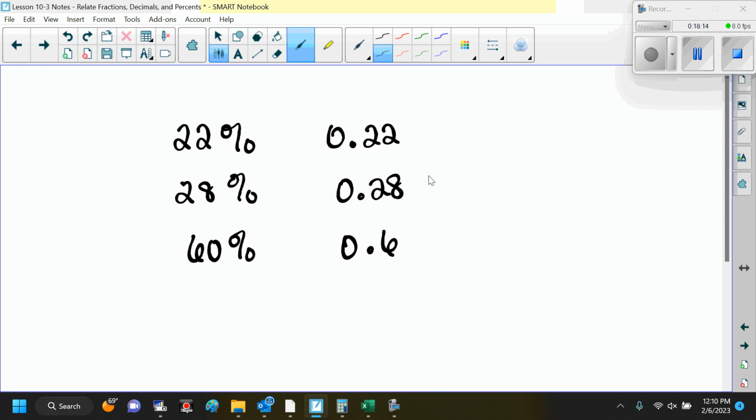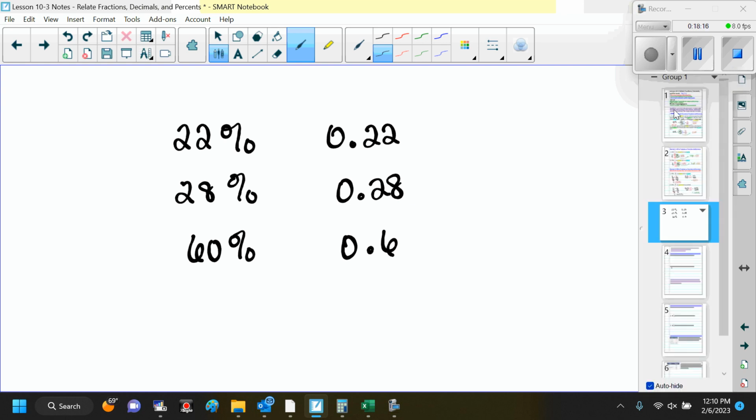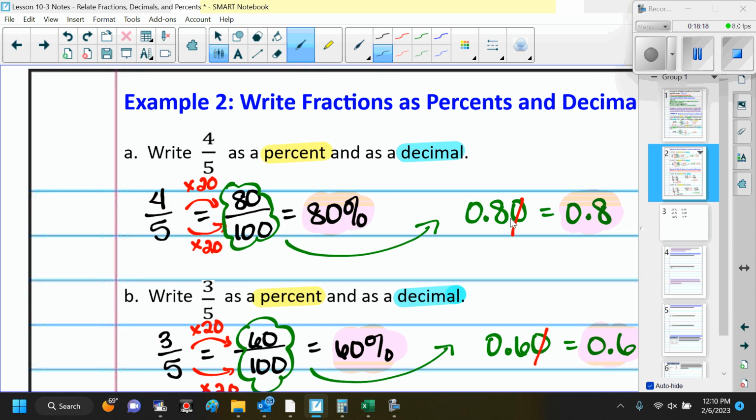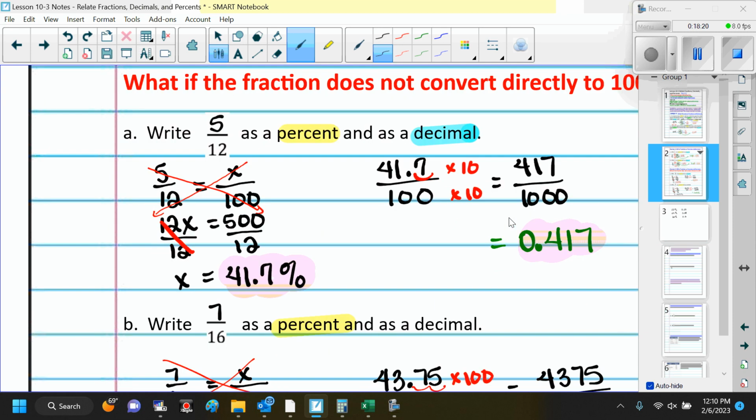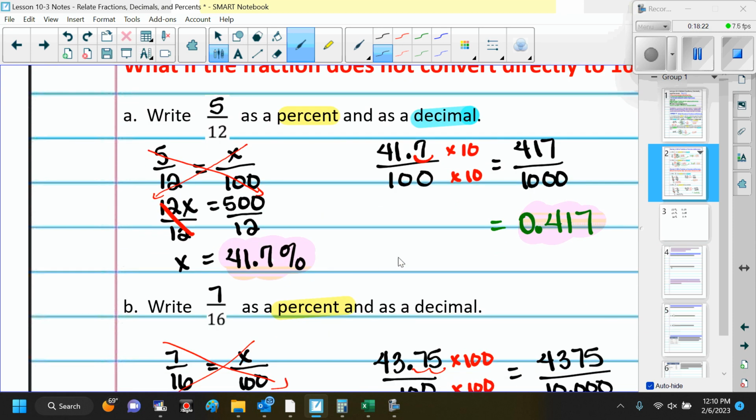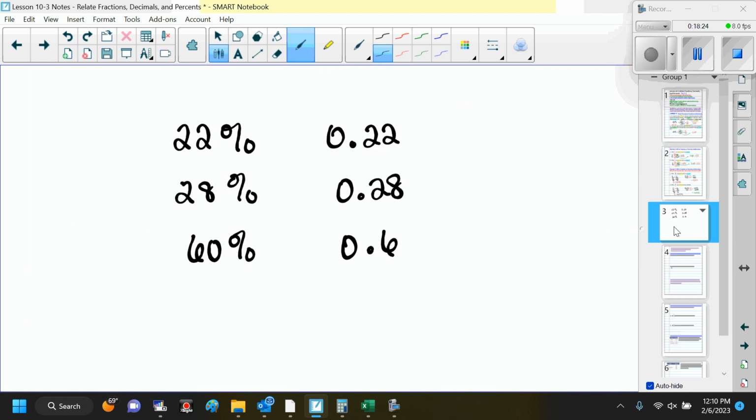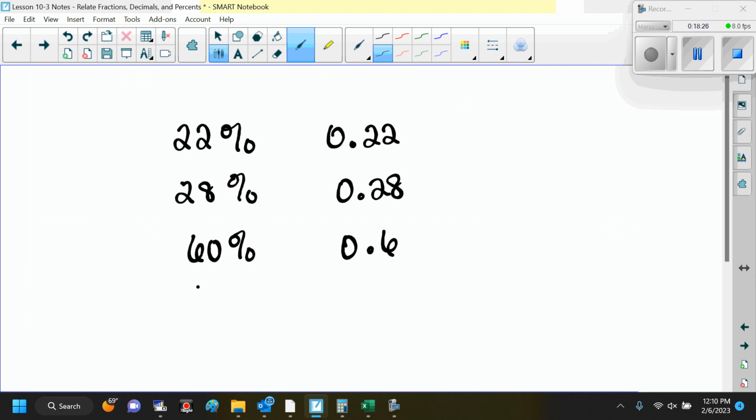Okay? Let's take one more. Let's go back over here, and let's take this 41.7%, and my decimal was what? 0.417.